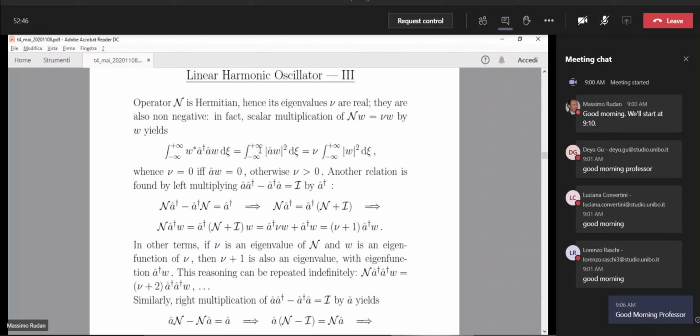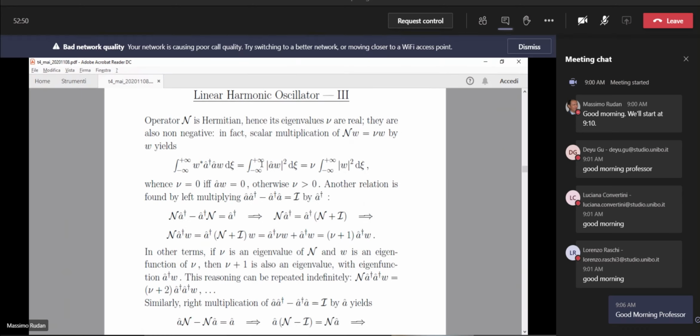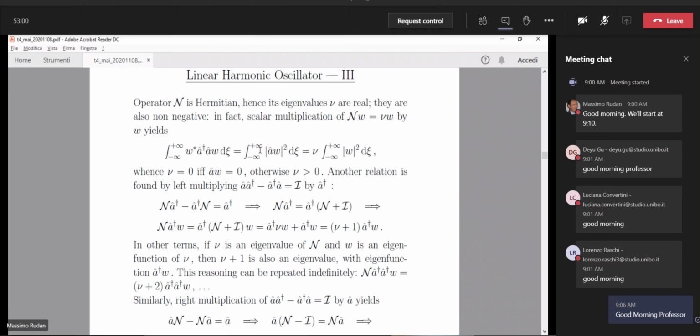If instead AW is 0, then Ni is 0, okay? So the conclusion is that Ni is equal to 0 if and only if AW is equal to 0. Otherwise, Ni is strictly positive. So far for the eigenvalue.